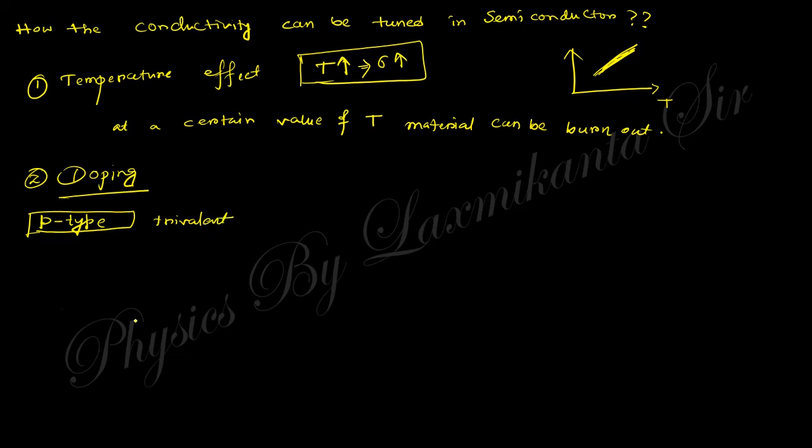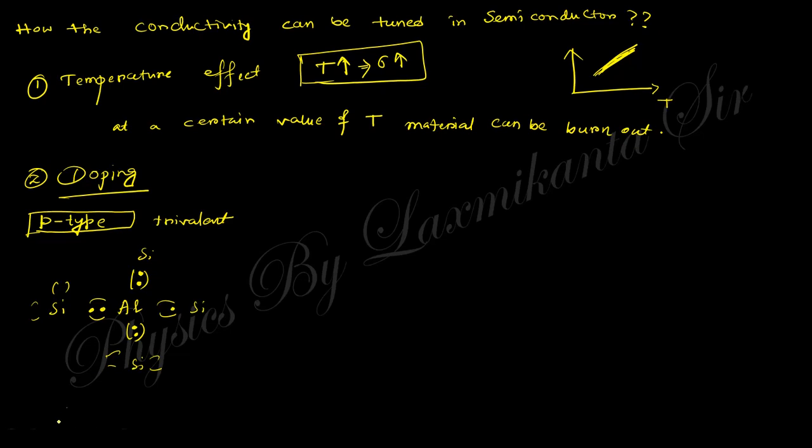So if you dope in a trivalent material, suppose aluminum, in aluminum there are 3 electrons present in this region, and these other things are silicon. Very few are doped here, so other things will be unchanged. Only one silicon is replaced here.